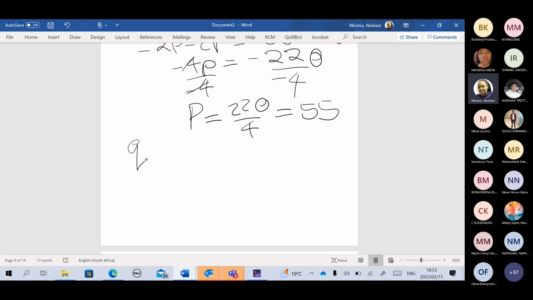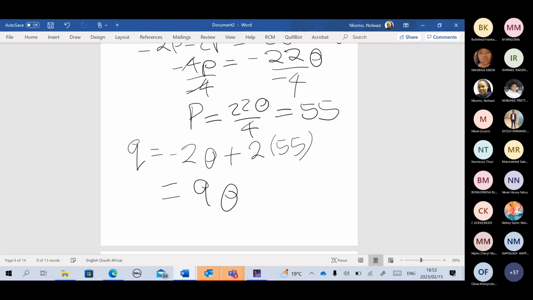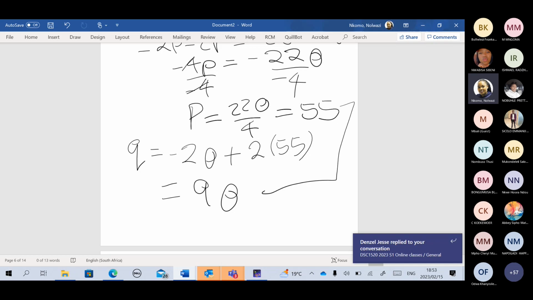Okay, and if we substitute that there, we will get minus 20 plus 2 times 55. This will give us 90. So these two are the equilibrium price and the equilibrium quantity.